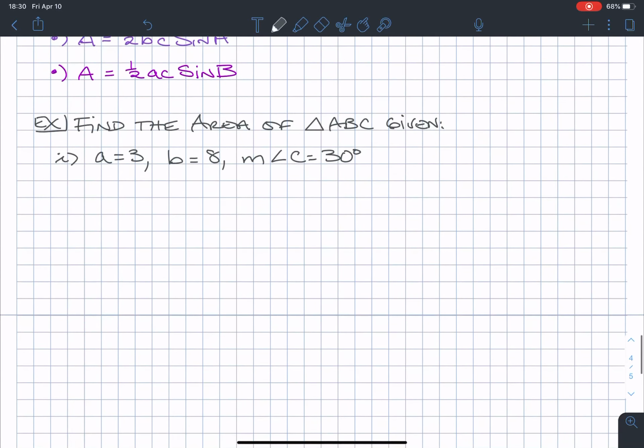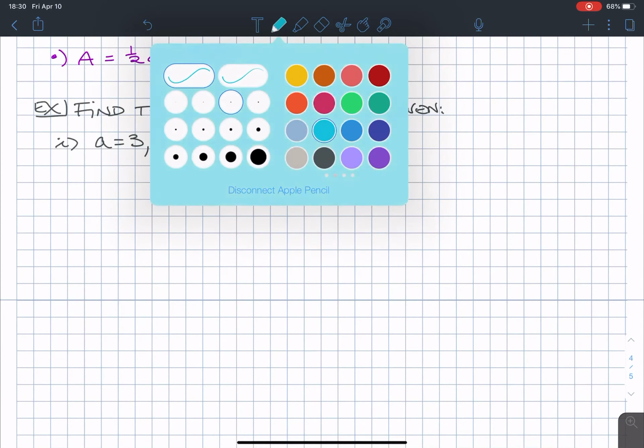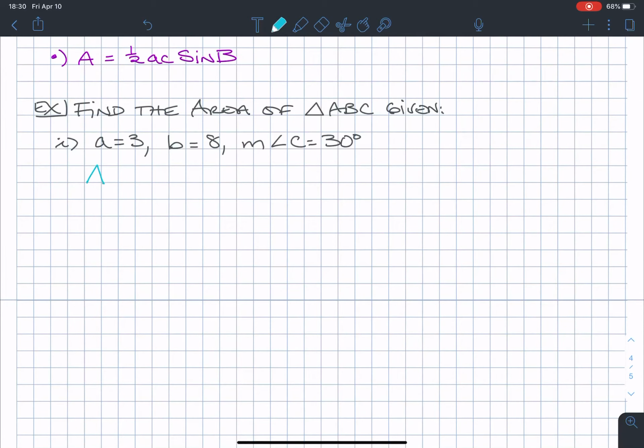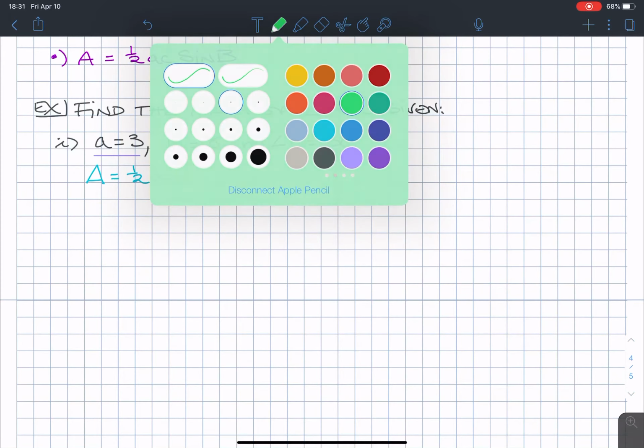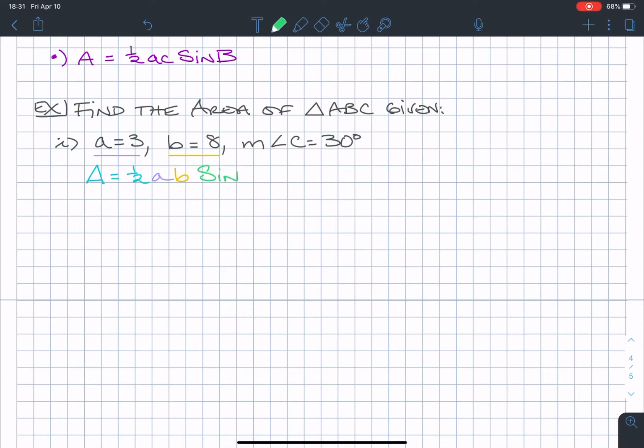So I've got a, b, and C, the angle between. So I claim the area is going to be 1/2 a b times sine of angle C.